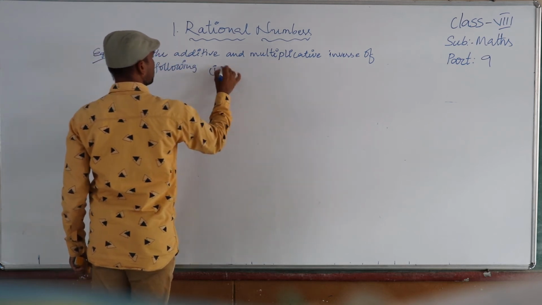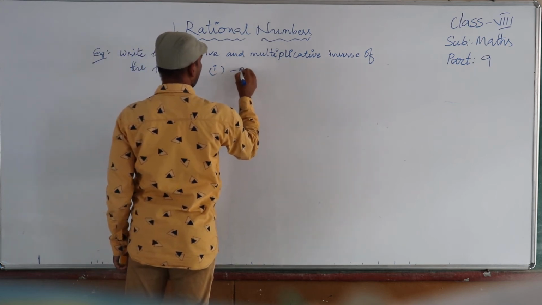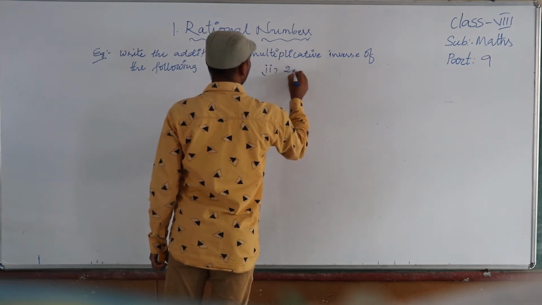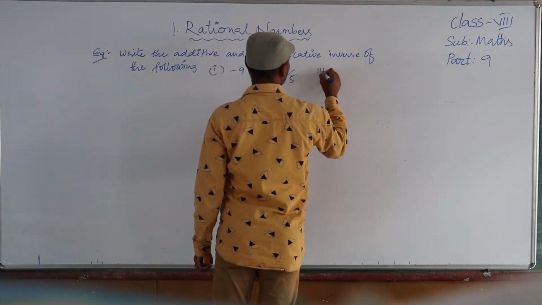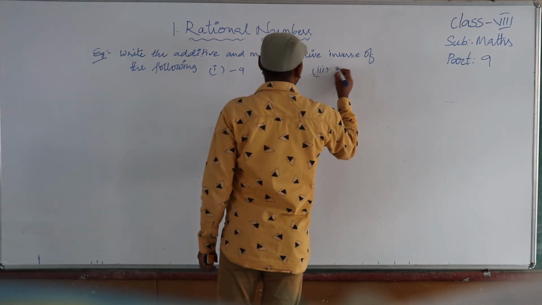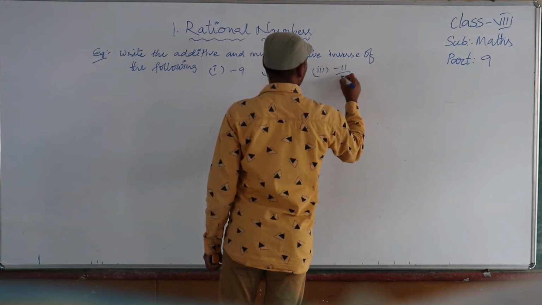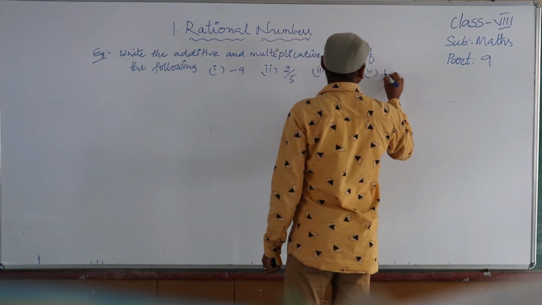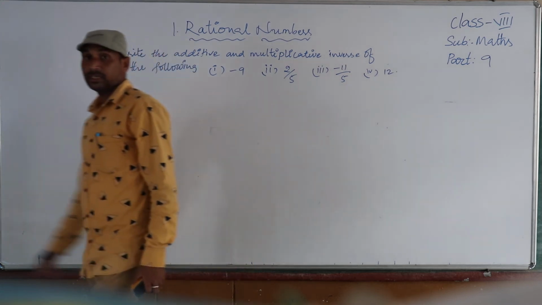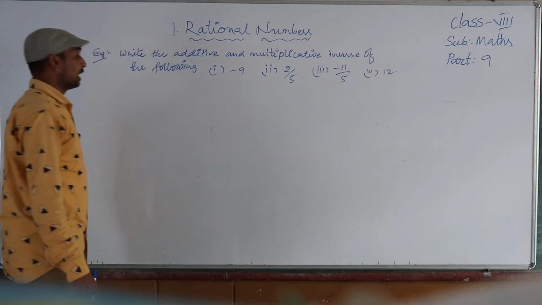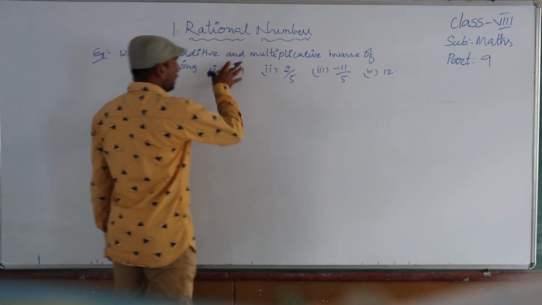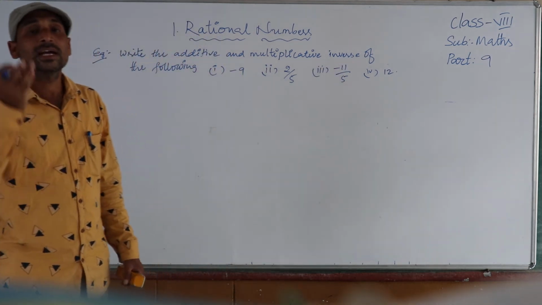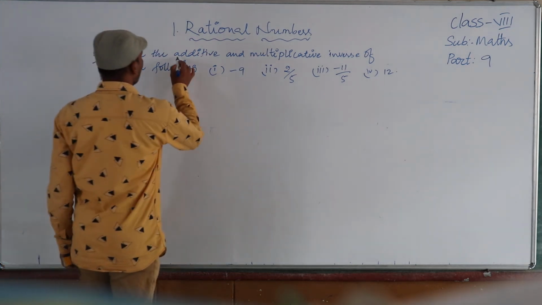The first one is minus 9, the second one is 2 by 5, the third one is minus 11 by 5, then the fourth one is 12. See children, here 4 problems are there. For each one, we have to write both the additive inverse and the multiplicative inverse.